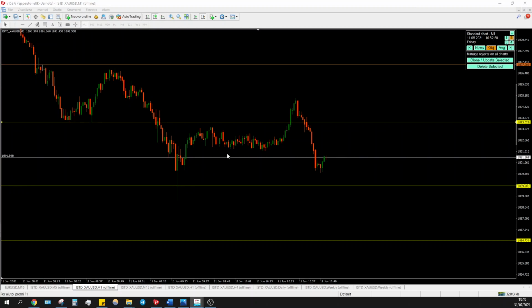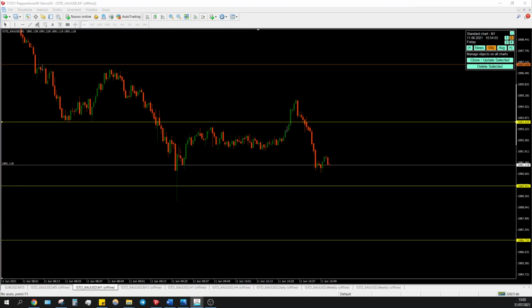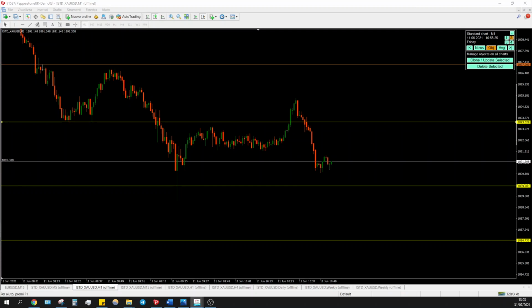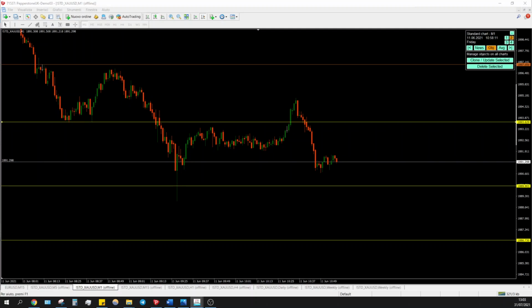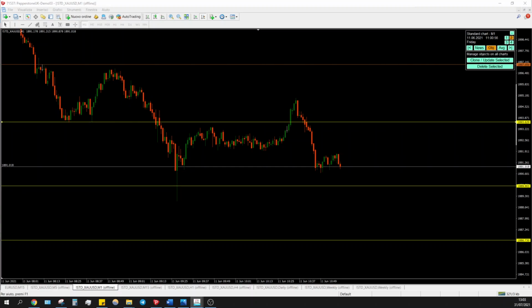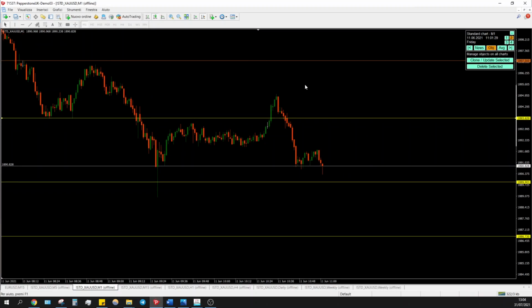Let's see if we retest the lows of the bottom of the order block. Okay, we tested and we got immediately corrected. Very nice.